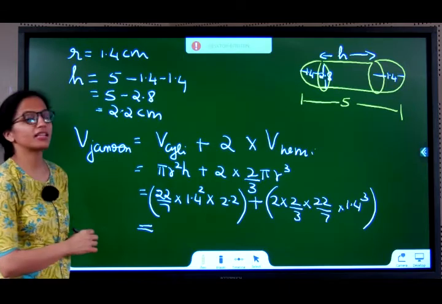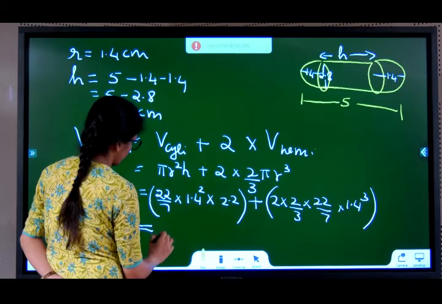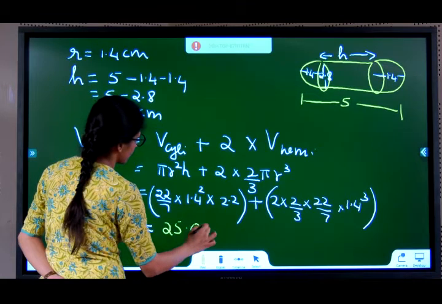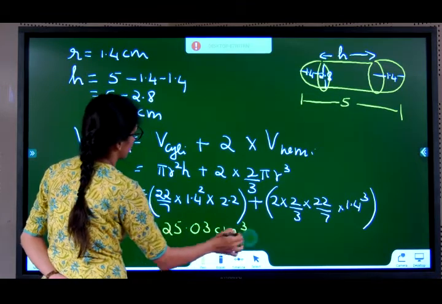On solving this, we get the volume of jamun to be 25.03 centimeter cube.